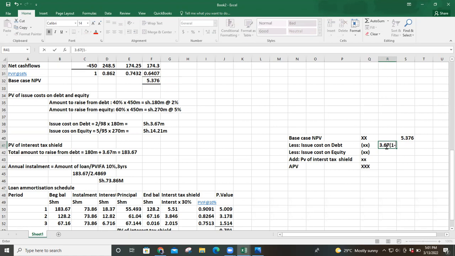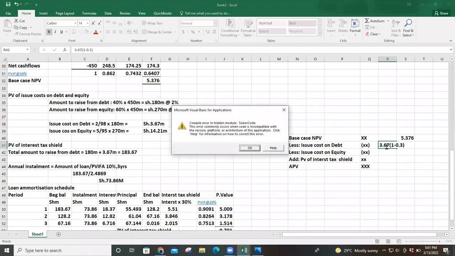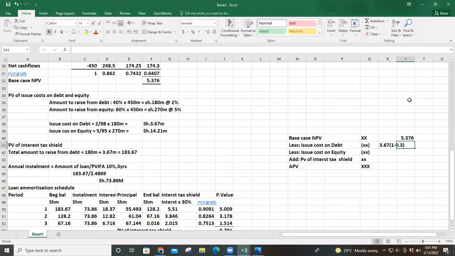Having 3.67 adjusted for tax, times 1 minus 0.3, becomes 2.569. We are supposed to less this one.